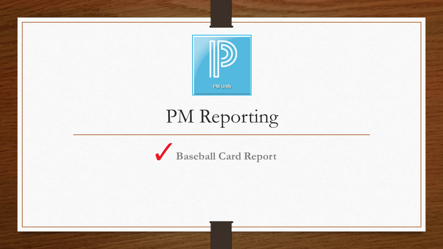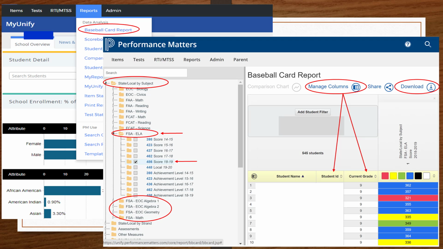Using the Performance Matters platform, the baseball card report allows you to create a custom-made report based on your specific needs. Using this report will allow you to access FSA baseline data to assist with calculating how many points a student needs to achieve the next level or sublevel. From the My Dashboard Administrator landing page, click on Reports and then click Baseball Card Report.